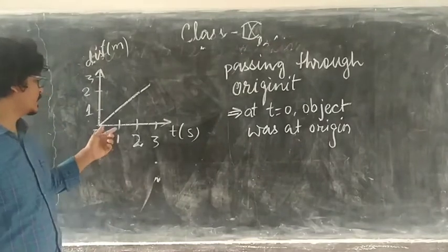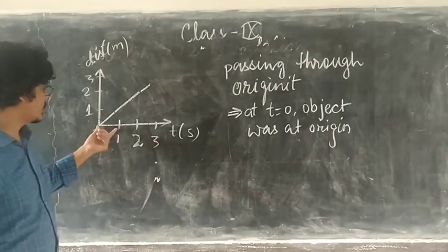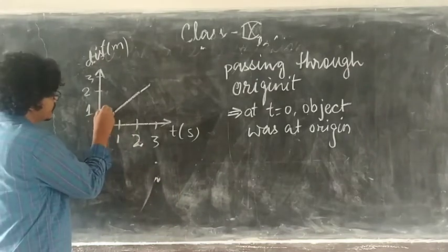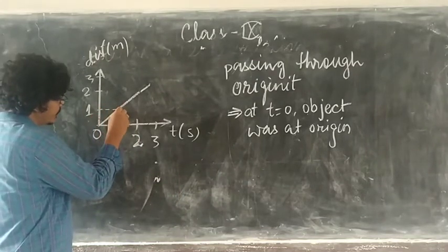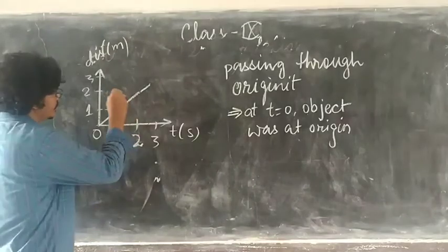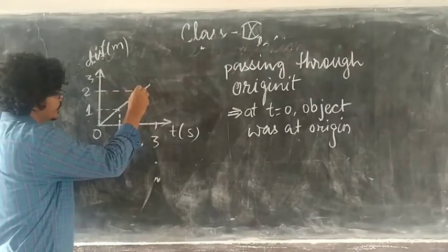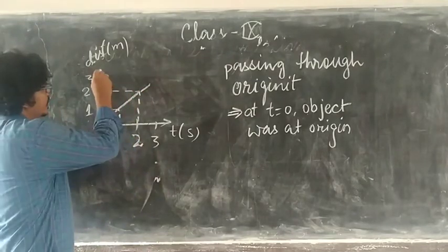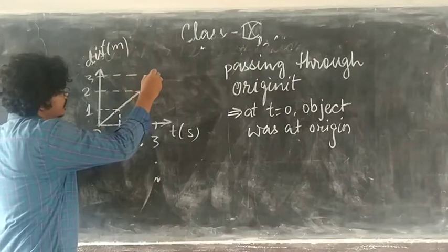Look carefully here. After 1 second, it has covered 1 meter. This is the distance covered in 1 second. At t equal to 2 seconds, this is the distance covered. At t equal to 3 seconds, this is the distance covered.